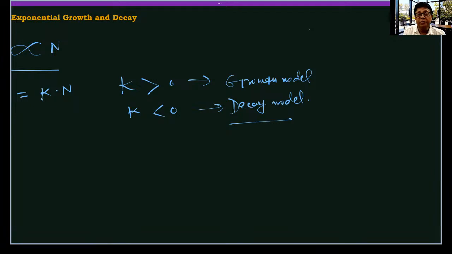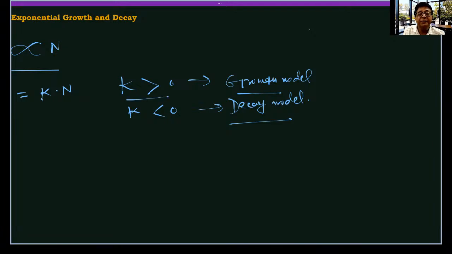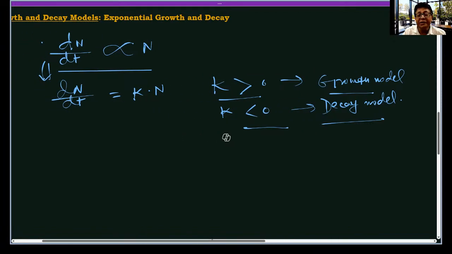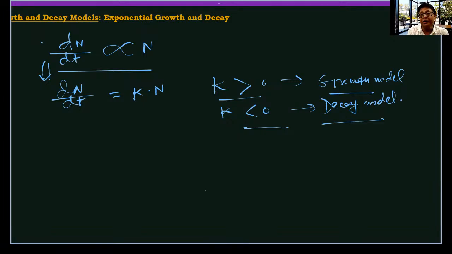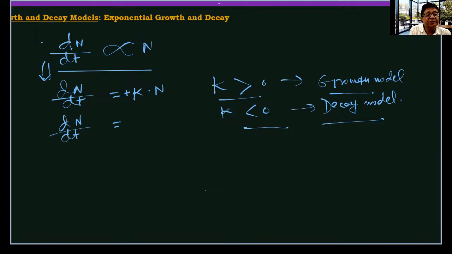Investment, if you do, assuming growth is there, then k will be positive. And a radioactive substance, or some substance which can evaporate, perfume, scent, whatever amount you initially keep, that evaporates, that will come under decay model. So my suggestion for you, when you are going to do growth model, you start with plus kn, and for decay model you take this one as minus kn.